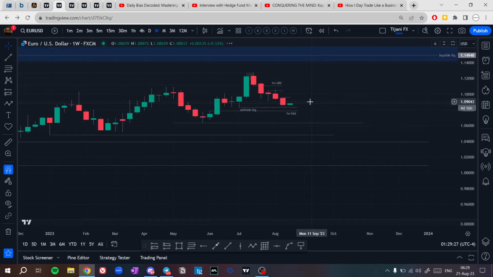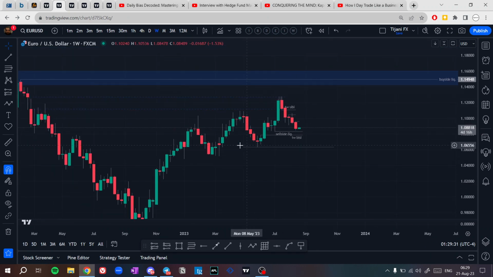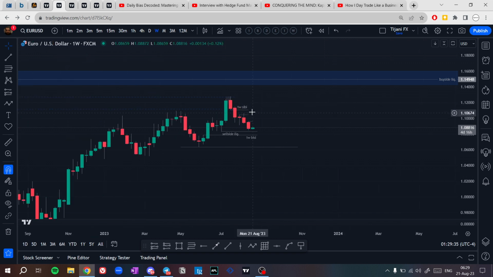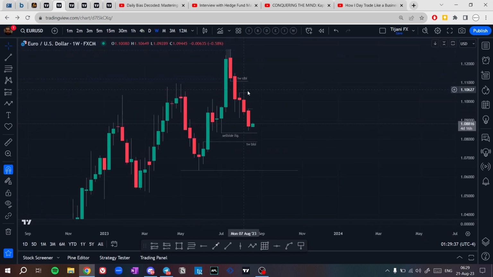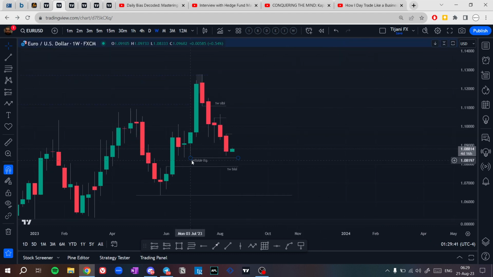On the weekly time frame, we see price has filled this volume imbalance here, then it shows some bearish prices. So I had this as my invalidation level, as I was expecting price to find some support on this level, on this order block, then continue higher, right?